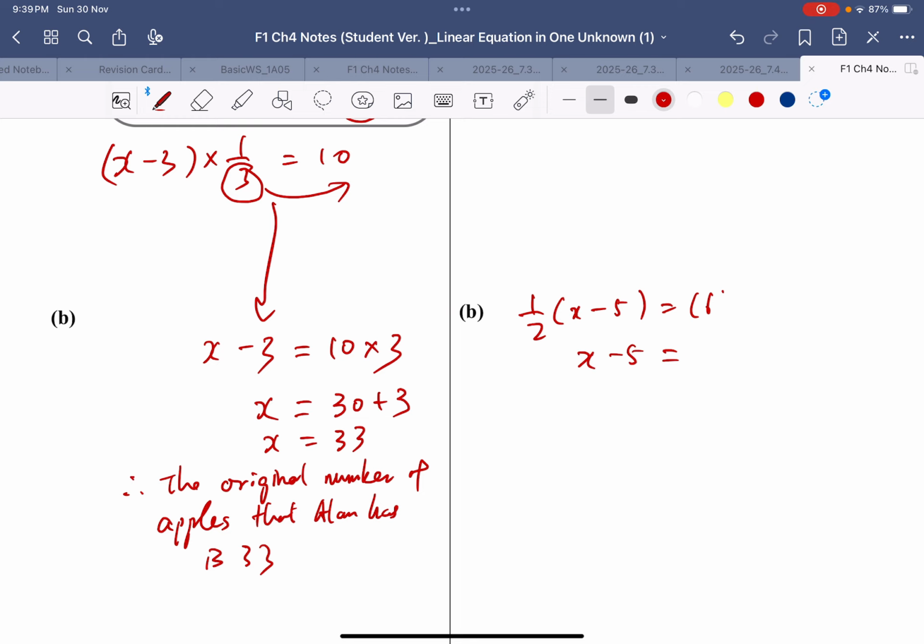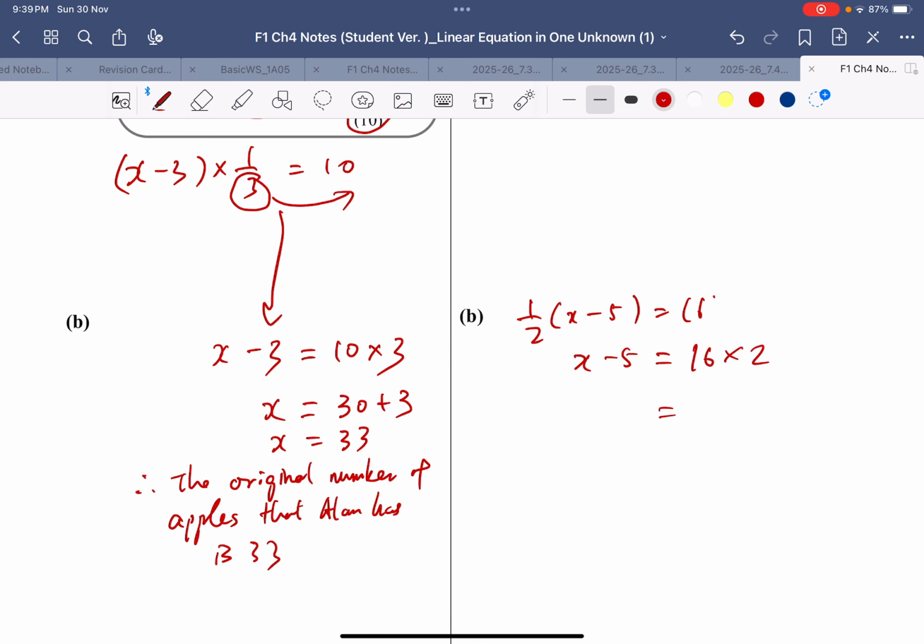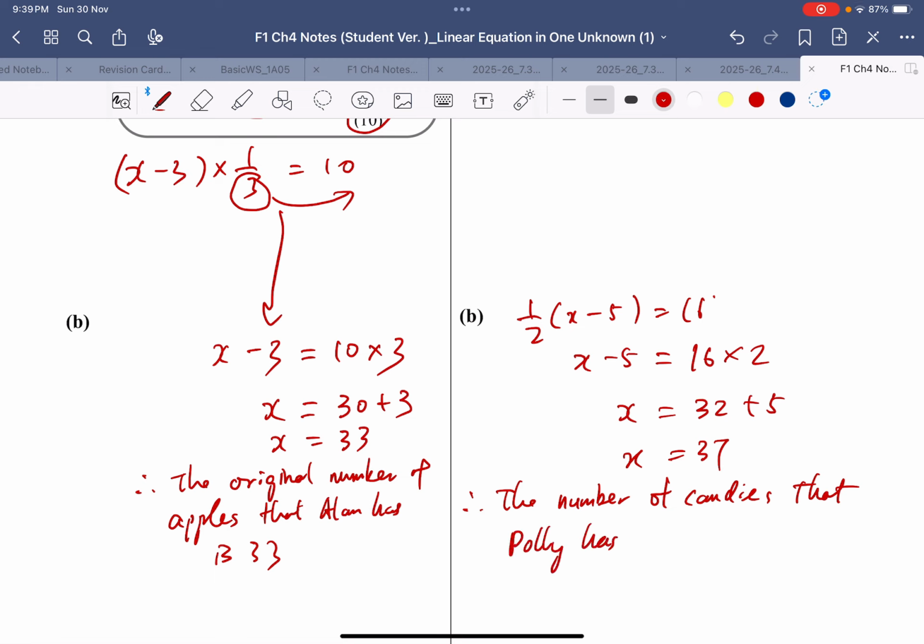Move the 2 to the right. Okay, so the number of candies that Polly has is 37.